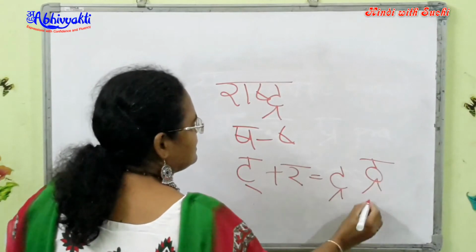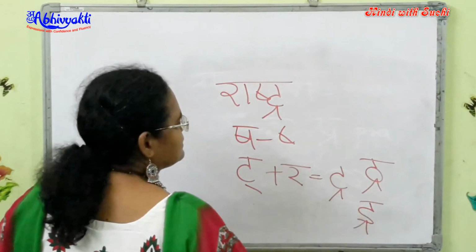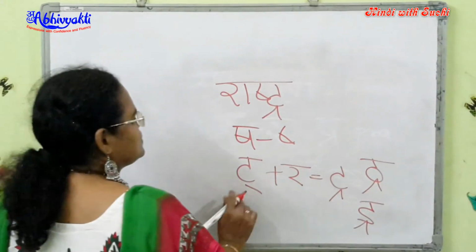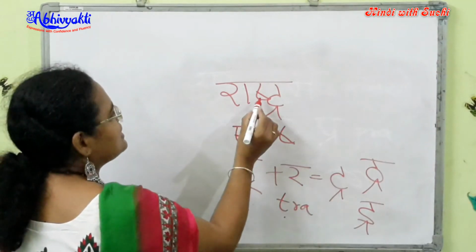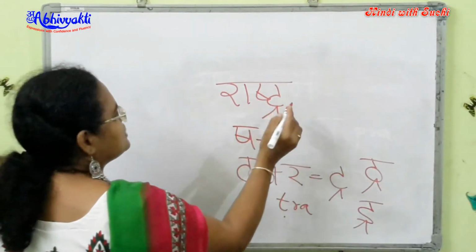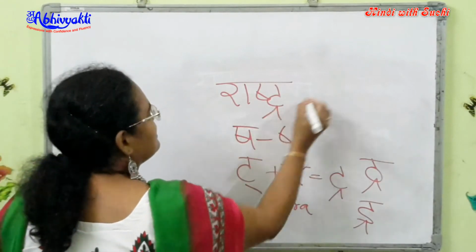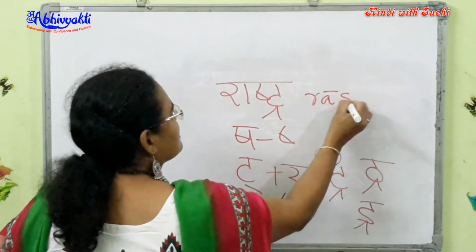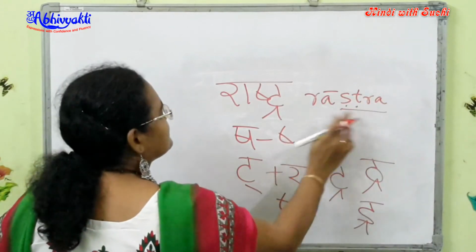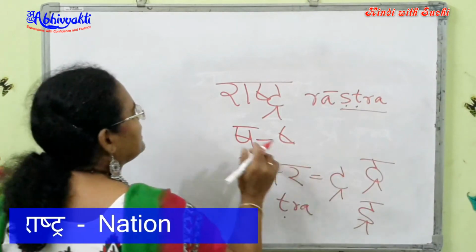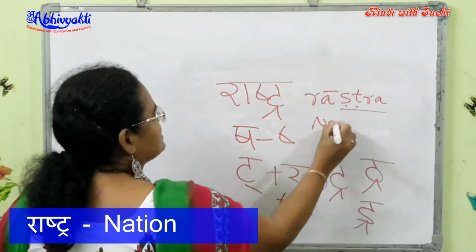So tr, dr, in that sense. So this is tr. So I have ra, sh, t and r. So shtr. Rashtra, Rashtra, and Rashtra means nation.